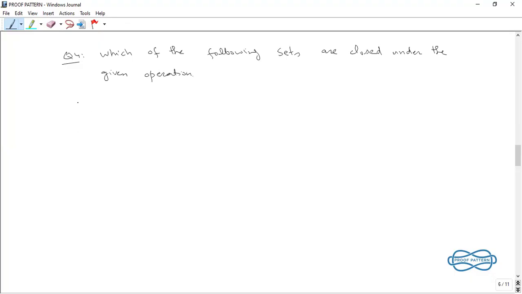Set closure means whenever we apply a binary operation to any two elements of the set, we will get again an element of the set.